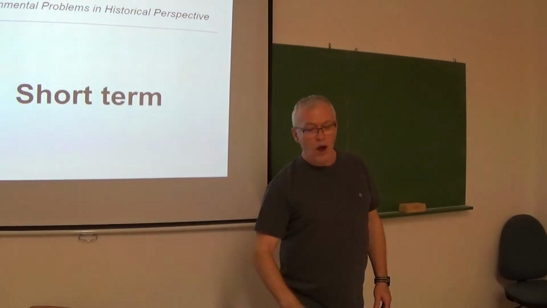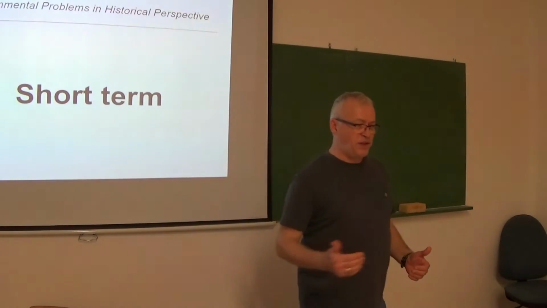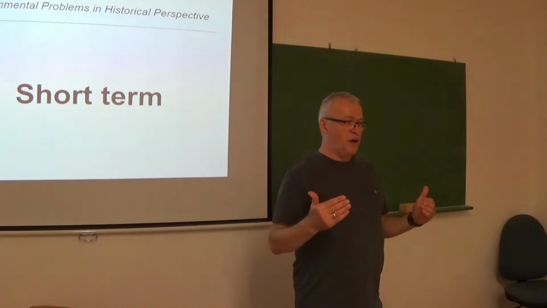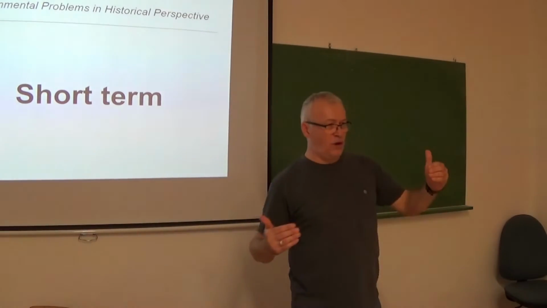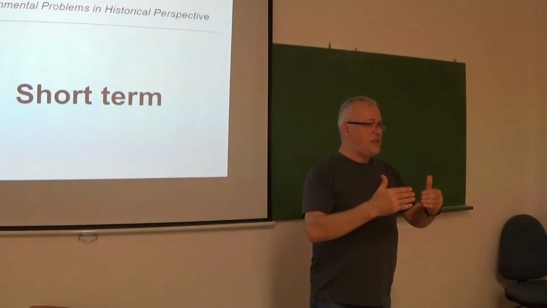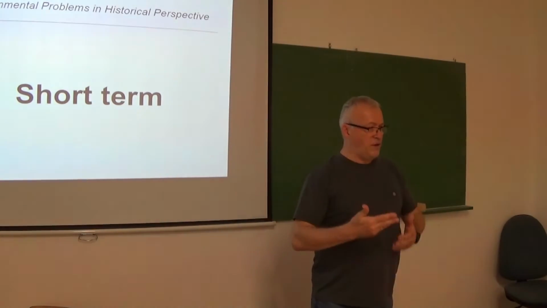The first one, look at the short term. If the interaction between physical environment and society happens in the short term, social influence and environmental influence, it's very easy to verify the nature of the interaction.